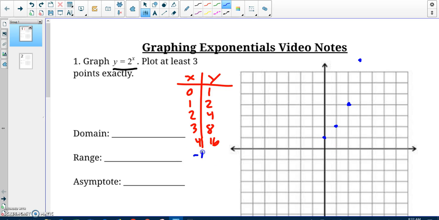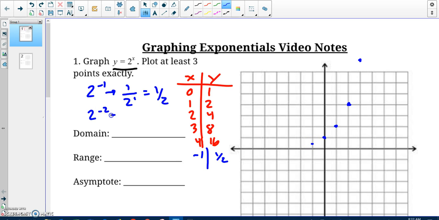Let's plug in -1 for x, and let's remember how negative exponents work. So 2 to the negative first, a negative exponent flips it into a fraction, so it's 1 divided by 2 to the first, so it's 1/2. So when you plug in -1, you actually get out 1/2.